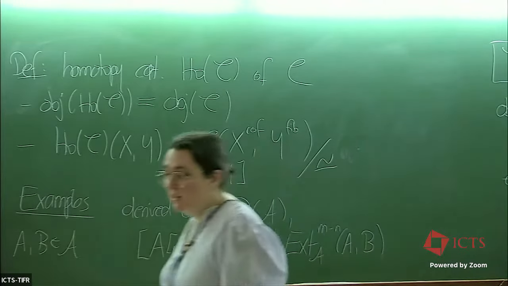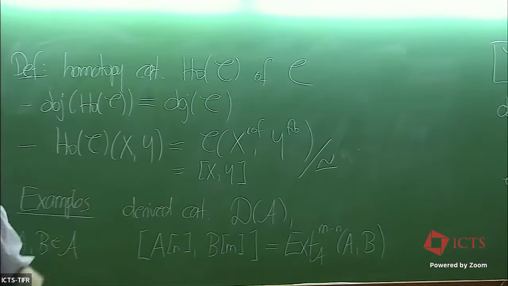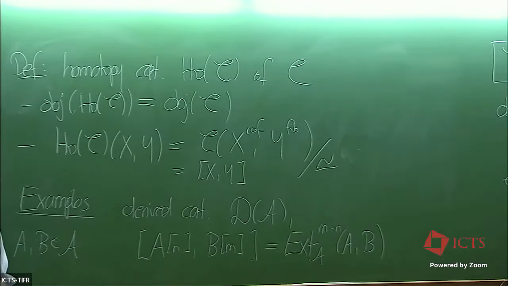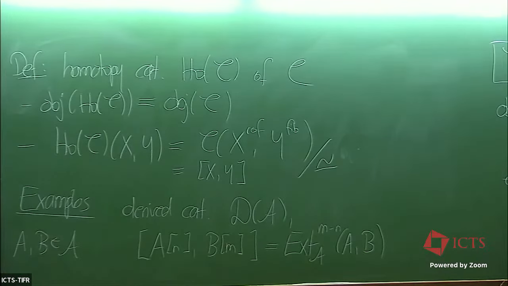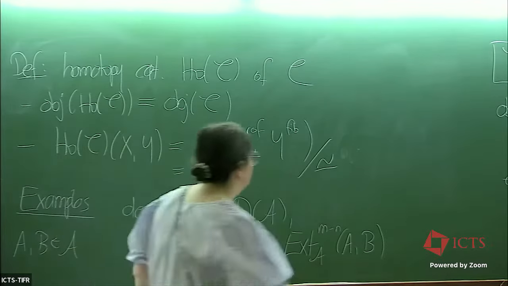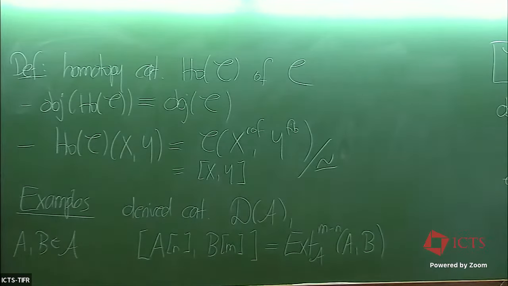So in fact, yesterday morning in both talks, whenever the speakers were writing on Ext groups, they were really doing homotopy theory. So if you've ever seen an Ext group, you can now think of them like that.